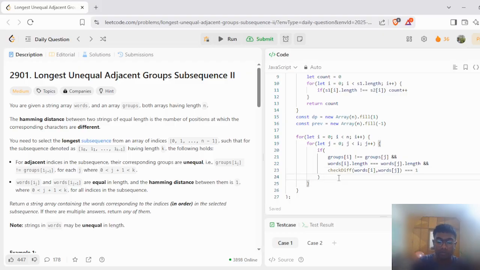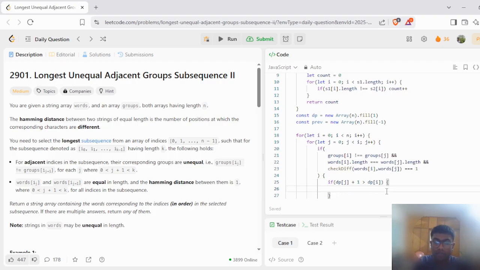And once we do that, we also check if dp of j plus 1 is greater than the current dp. So this means we check if the previous one has a greater subsequence, and we have to update the current index.